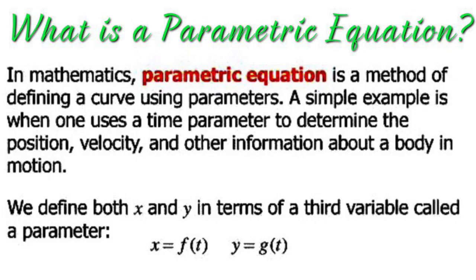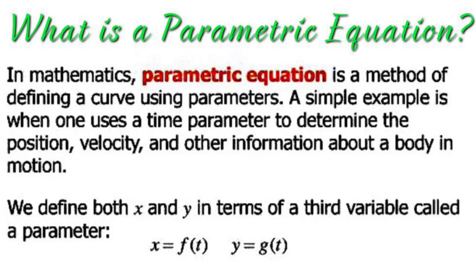In mathematics, a parametric equation is a method of defining a curve using parameters. A simple example is when one uses a time parameter to determine the position, velocity, and other information about a body in motion.